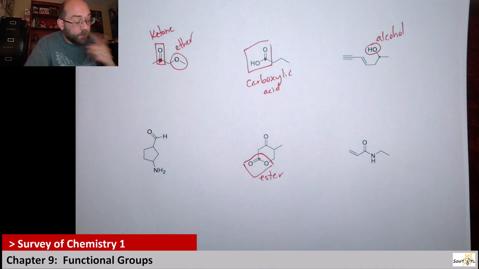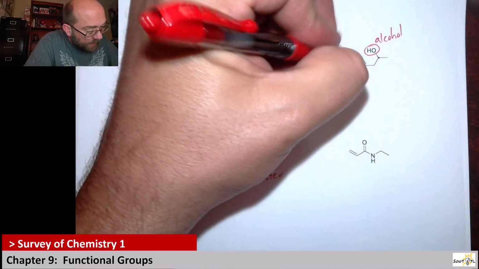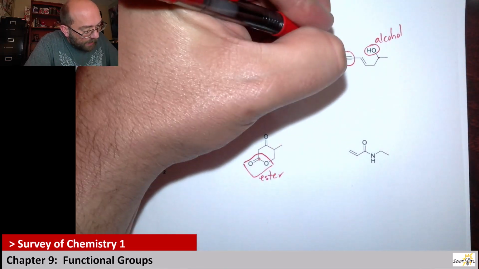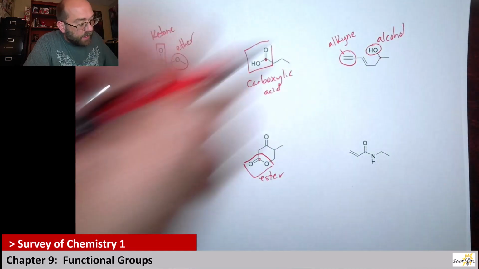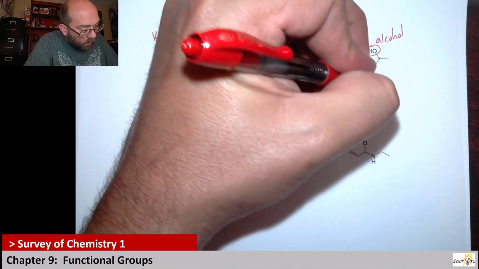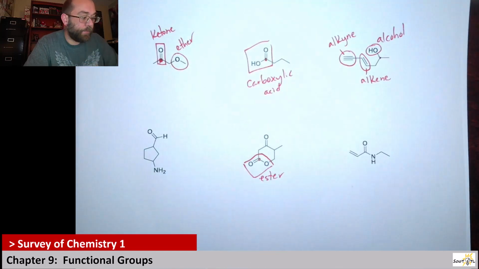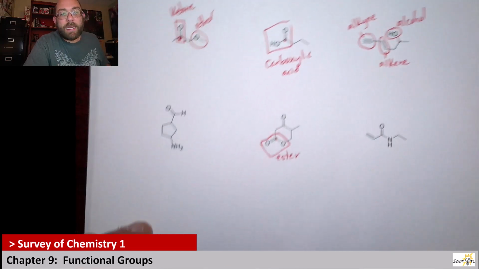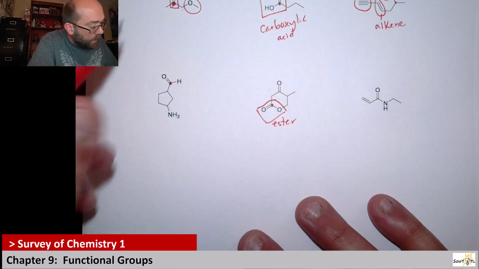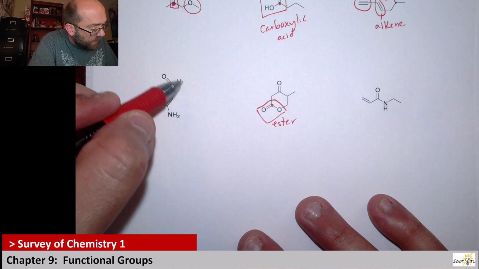Okay. Now this also has two other functional groups. It has a carbon-carbon triple bond, which we know as an alkyne, and then it also has a carbon-carbon double bond, which we know as an alkene. All right. Next up, we see a double bonded oxygen with a carbon, but it's got one carbon connection and then the hydrogen.